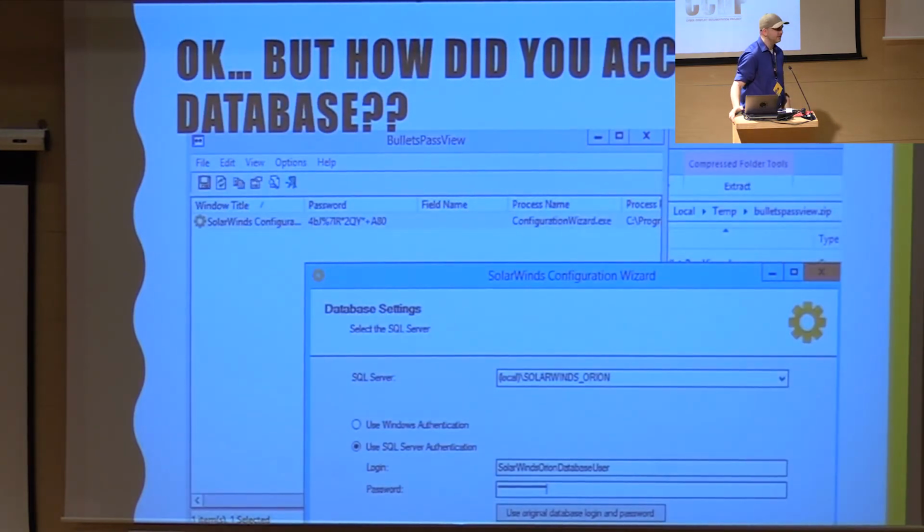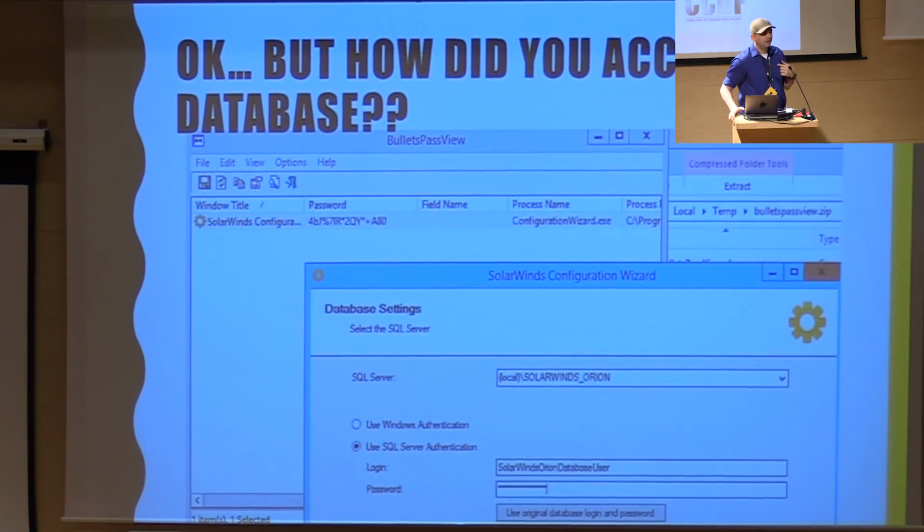But let's get back to that database. That configuration wizard for the database, I also noticed was another tool. Anyone ever used Bullets Pass View? Basically it takes any bulleted window inside of Windows and looks behind the stars, and you can see the password now.